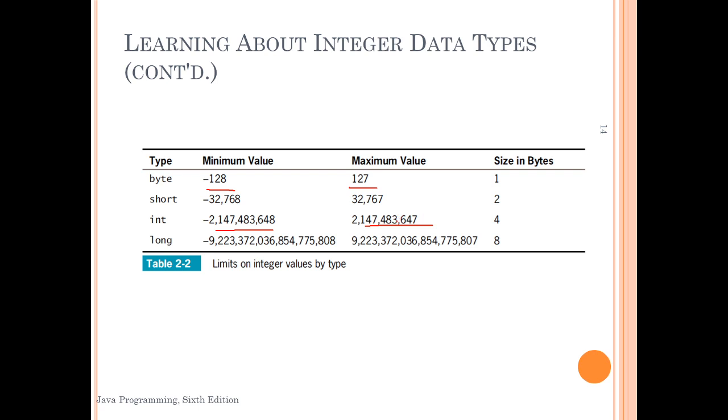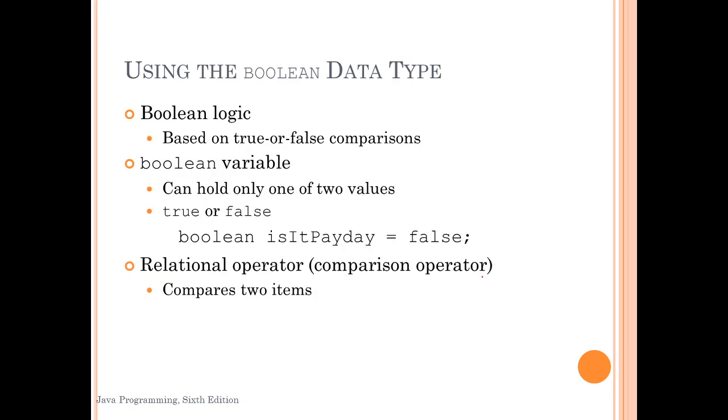Depende sa inyong kagustuhan kung ano yung ilalagay ninyo na data type. And ito yung size in bytes. Si long yung pinakamalaki ang capacity, followed by integer, and pinakamaliit is byte, of course.